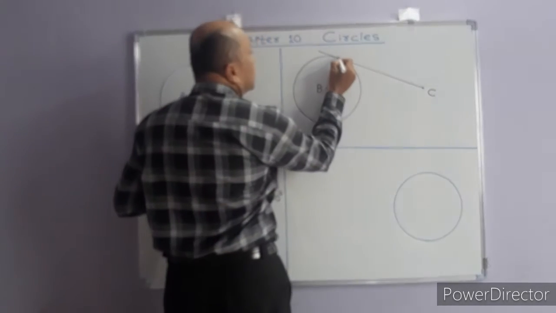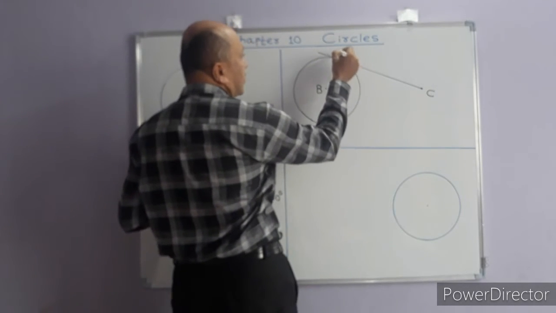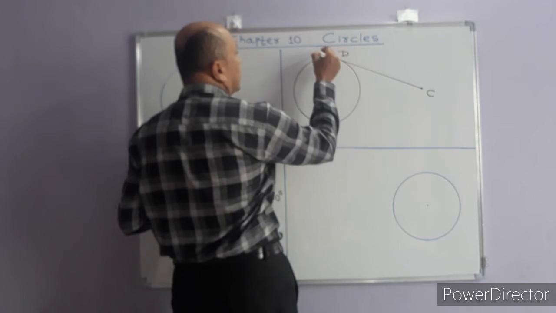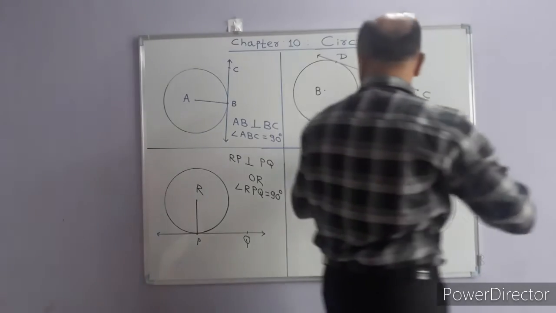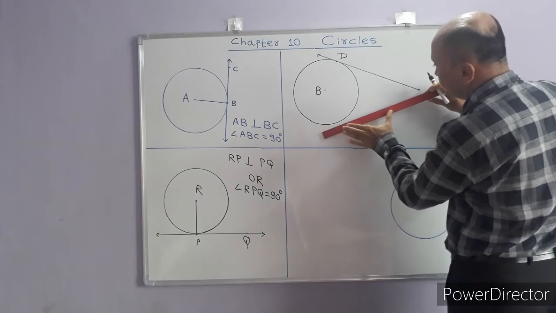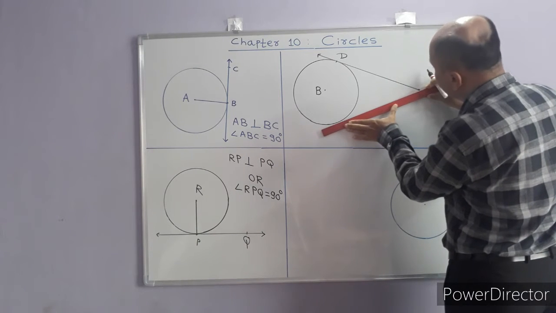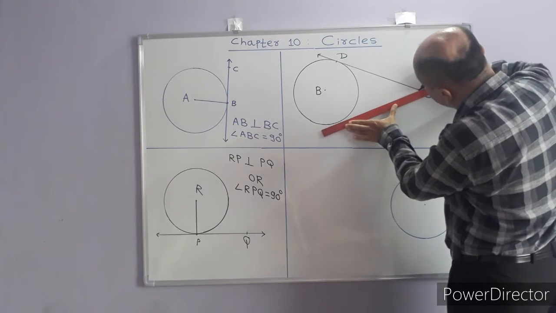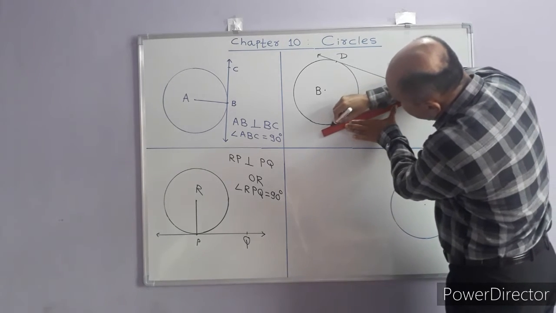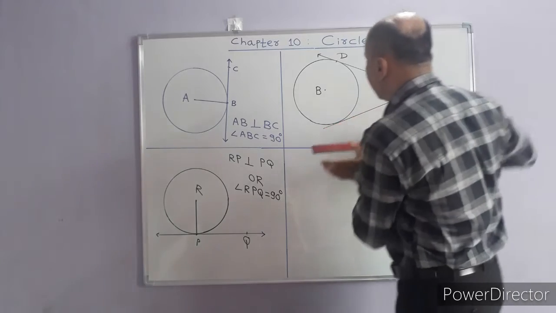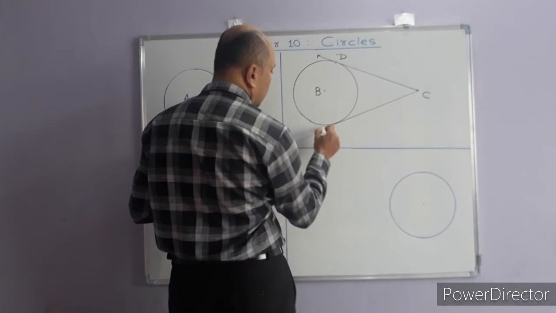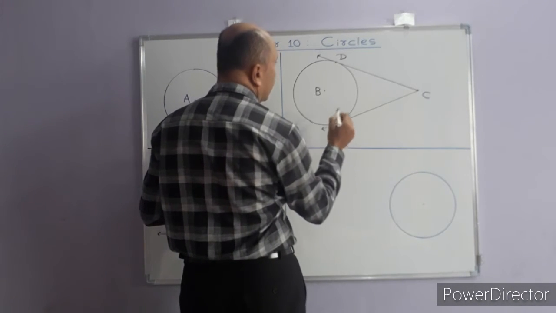This tangent meets the circle at point D. Another tangent we can draw here. This tangent meets at E.